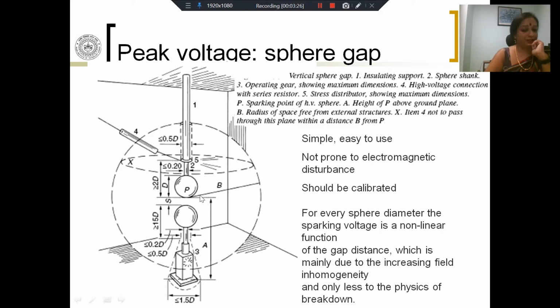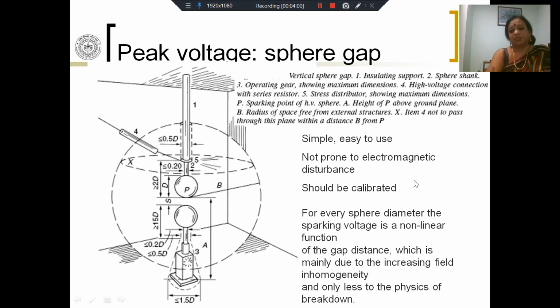You have much less fringing, because you don't have any edges, but you have some fringing outside the region where the spheres are closest. But then the fringing, the non-uniformity or field enhancement, takes place in a region which is away from the smallest gap distance, and therefore breakdown, even with small non-uniformities in that region, is not likely. Breakdown continues to be likelier in the uniform field region.